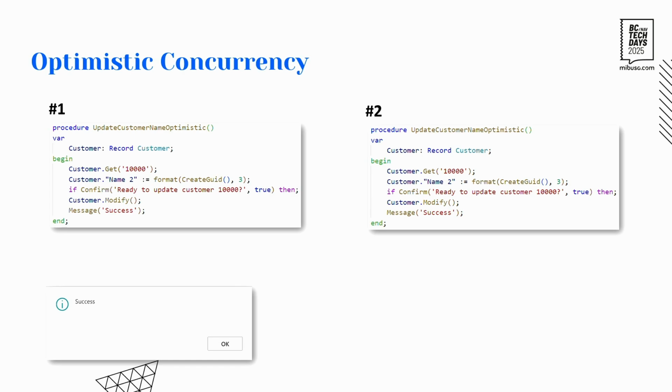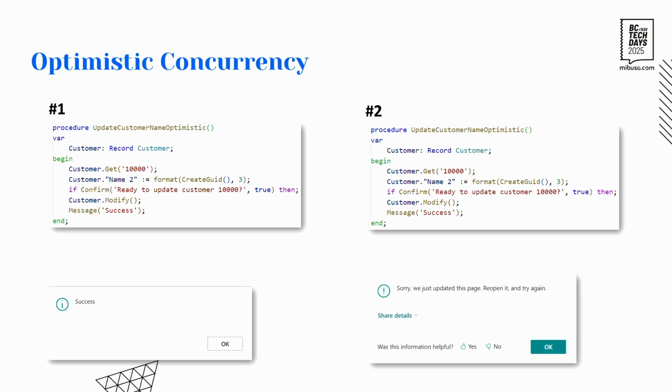So the other guy who opened the customer card after will get this error saying another user modified this record. Or, as our good UX people think, this is a more kind message. Sorry, we just updated this page. But it just means that somebody else has updated your record. So that's one scenario, the one we call optimistic concurrency.